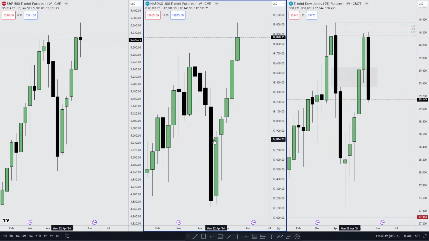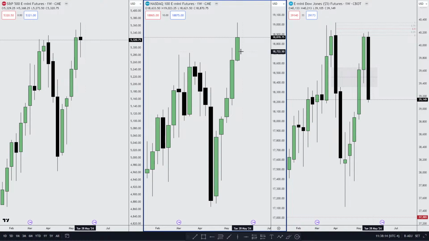So moving on into next week, do keep in mind as well that we are in the 4th week of May. So in the 1st, 2nd, third week we have been rallying higher for both the ES and NQ.